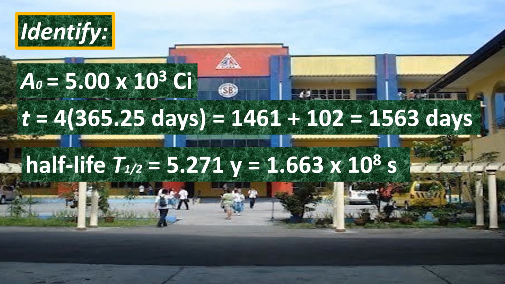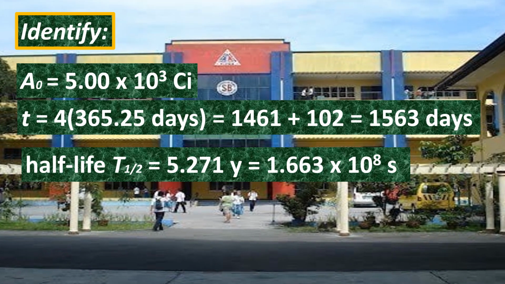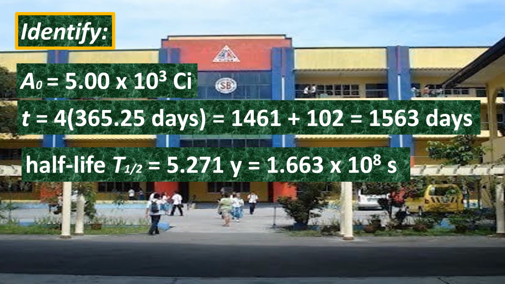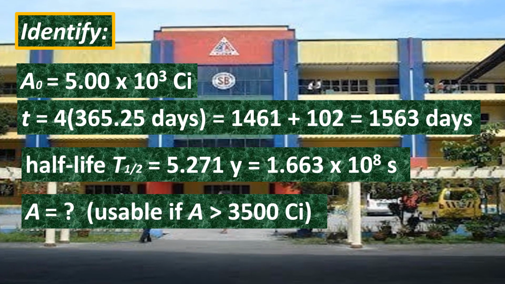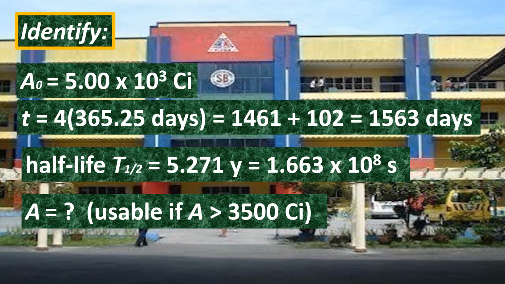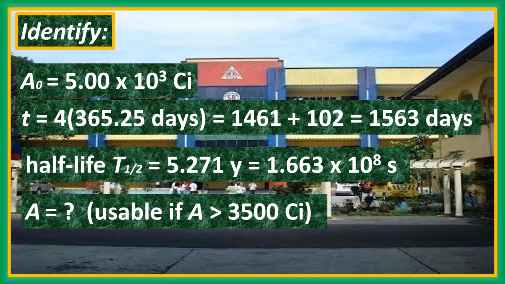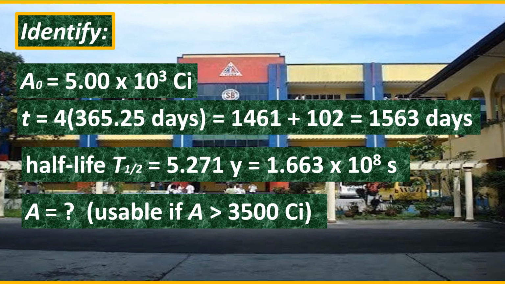We are also given the half-life of cobalt-60 equal to 5.271 years, or when converted to seconds, that is equal to 1.663 times 10 to the 8th power seconds.